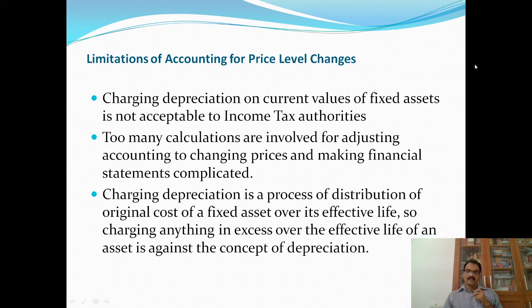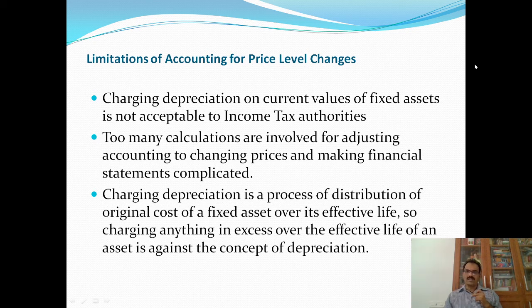Then the third disadvantage is that charging depreciation is a process of distribution of original cost of fixed assets over its effective life. That is the concept of depreciation. That is the equation: original cost of the asset divided by the effective life of the asset.